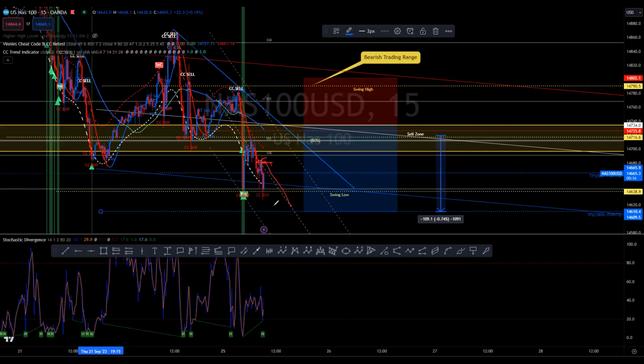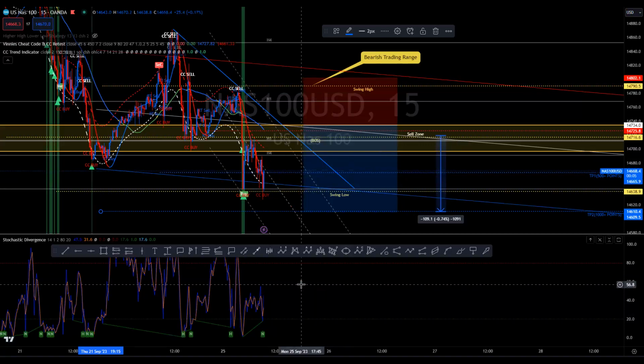That's probably what I'm going to do, just because I want to test this indicator out, see how accurate it is. So we have a couple of seconds here before the 9:30 candle closes.